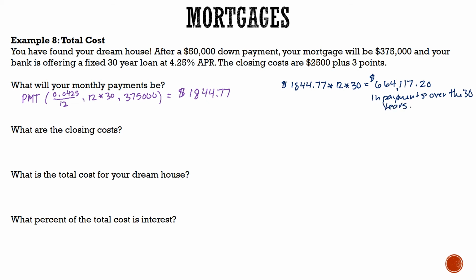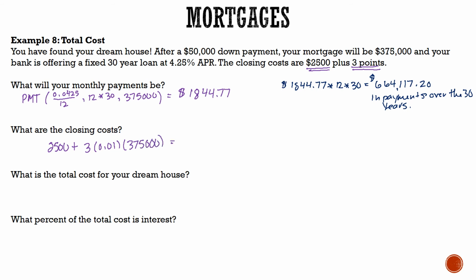Okay, so the next question is asking, what are the closing costs? So the closing costs are the sum of the $2,500 in fees plus the fees associated with those 3 points. So that'll be $2,500 plus 3 1% points of the total amount of our loan, which is $375,000.